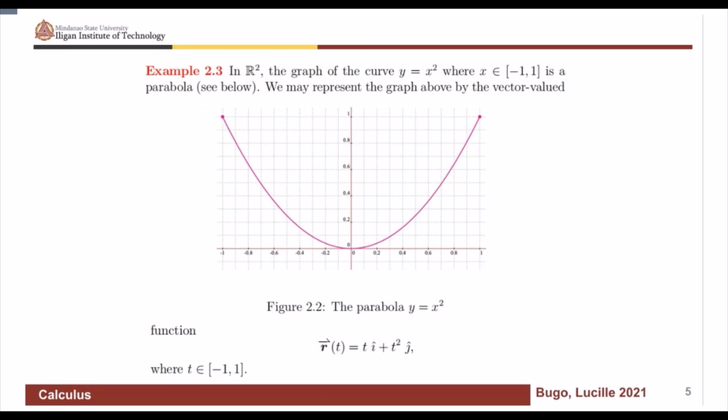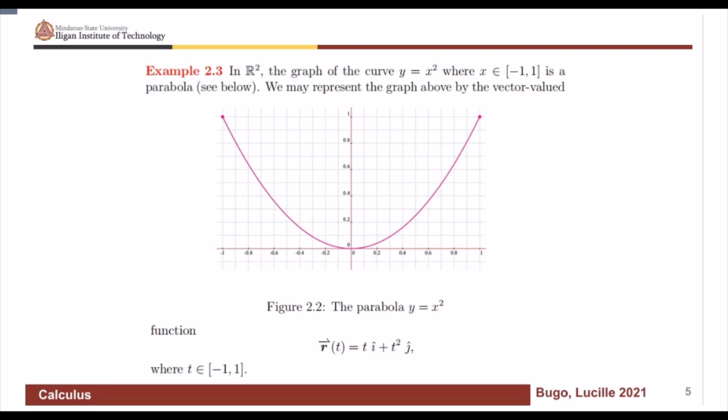So for example, in R squared, the graph of the curve y equals x squared, or the parabola where x is in the interval -1 to 1, is a parabola as shown in the figure. We may represent the graph above by the vector valued function r of t equal to t i hat plus t squared j hat. So we have x i hat plus f of x j hat.